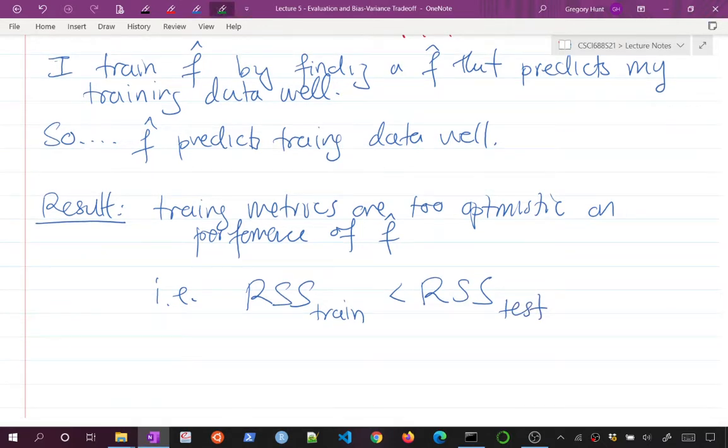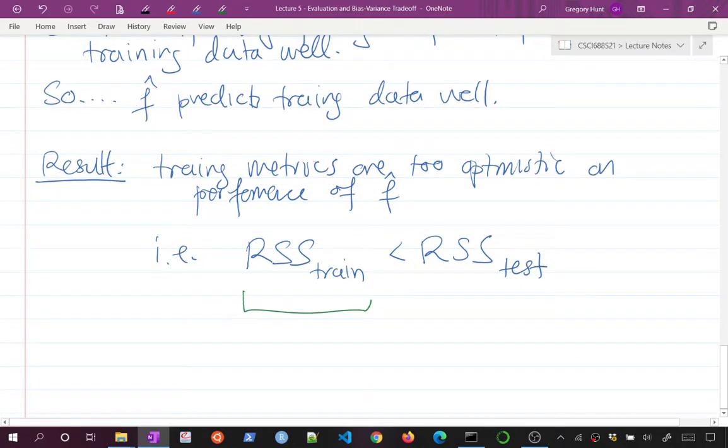And so if we just were to evaluate on the training data, we'd be optimistic. We would say that the performance of our algorithm is better, the error is lower than it's probably going to actually be when we evaluate on an independent set of data. So the training metrics are too optimistic of performance of f hat on new or independent data.